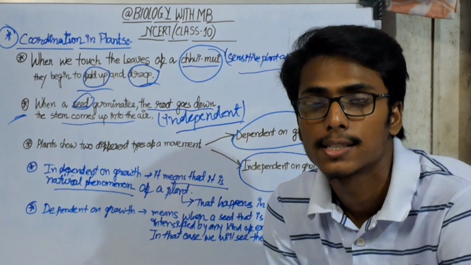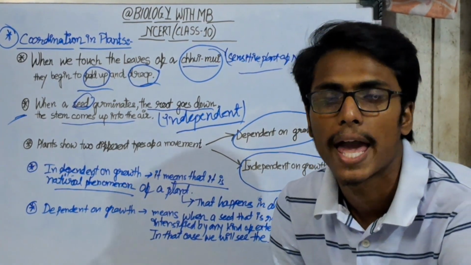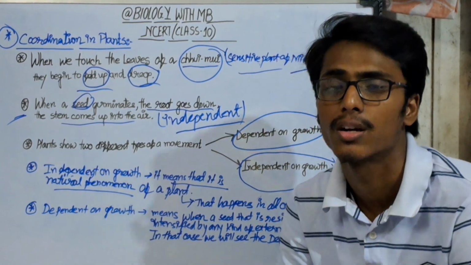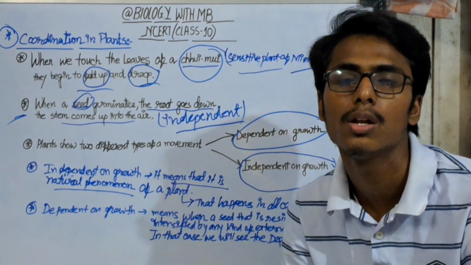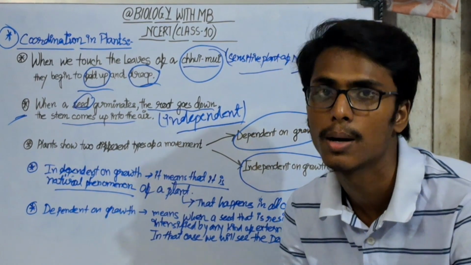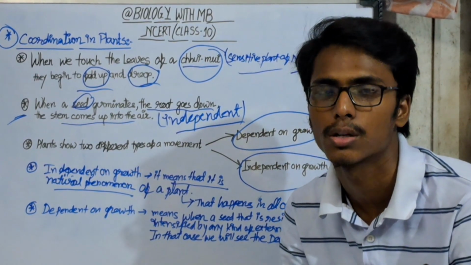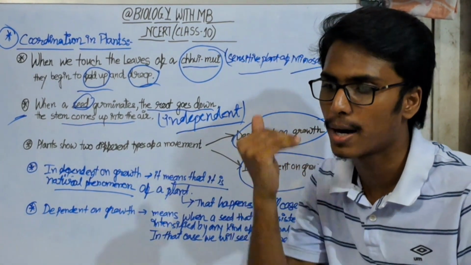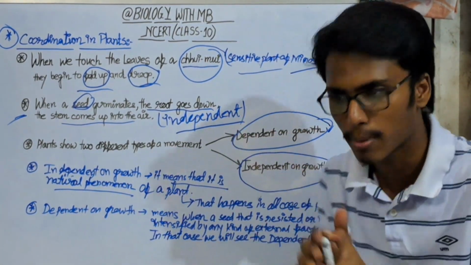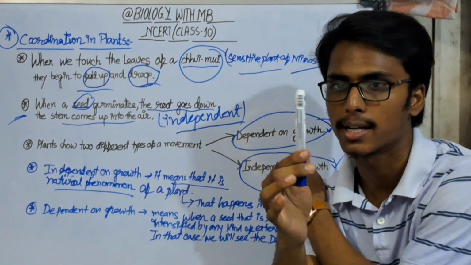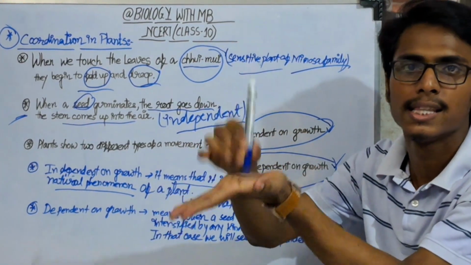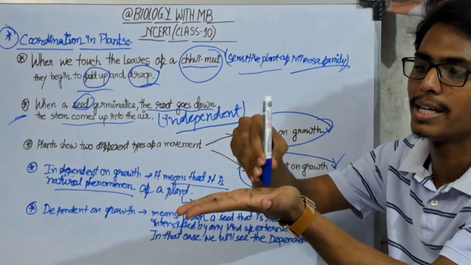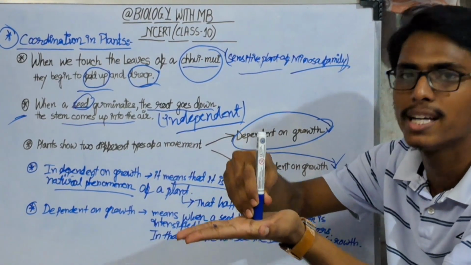We saw that animals have both locomotion and movement, but plants have only movement and do not have locomotion. Why? A plant does not move from one place to another. It stands in this position. It does not move by itself.